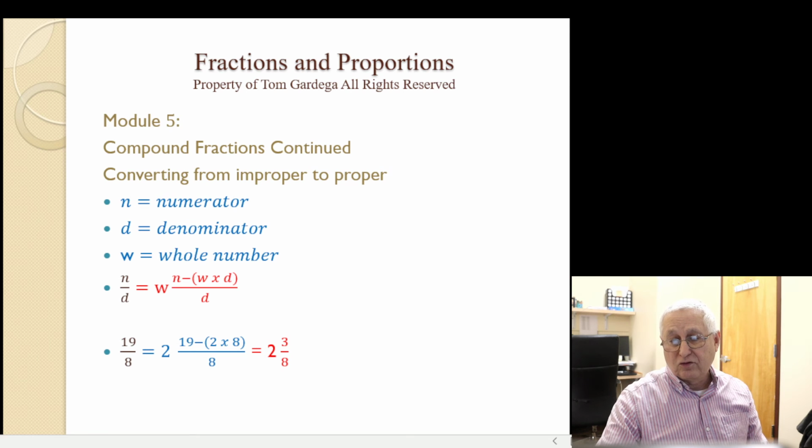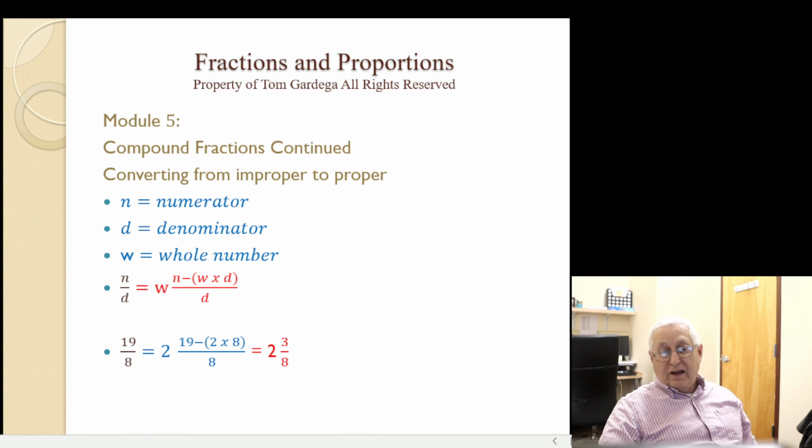We want to get W, the whole number, and the remainder N minus W times D. So if we divide D into N, we're going to get a whole number, whatever it is, and we're going to take the numerator and subtract W times D and divide it by D. For example, here we have 19/8. 8 goes into 19 two times with a remainder.